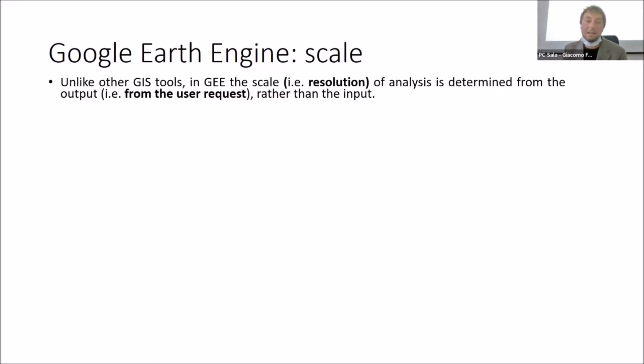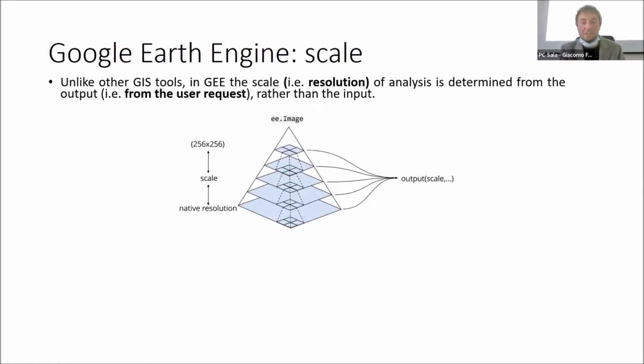But unlike in other GIS tools, the scale, the resolution, in Google Earth Engine is determined from the output, so from my request as a user, and not from the input. So what does this mean? It's not very intuitive. But it means that when I run some function in Google Earth Engine, I will often have to specify a scale parameter.